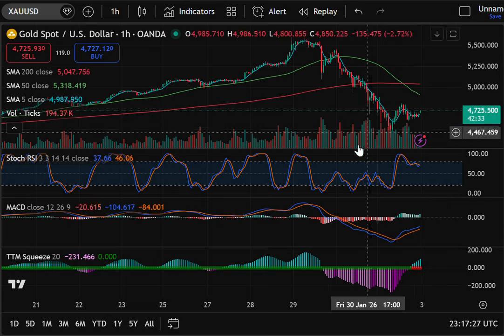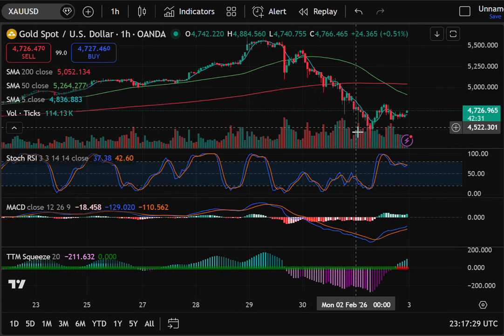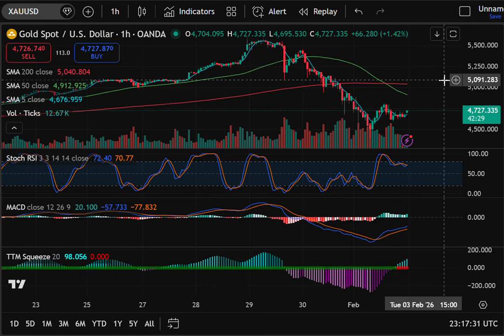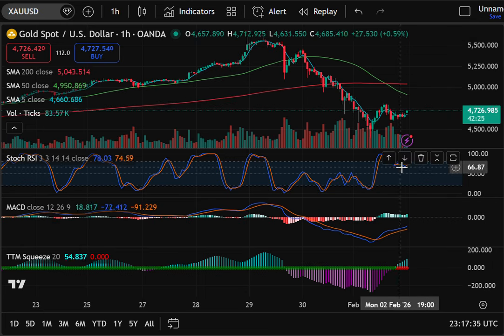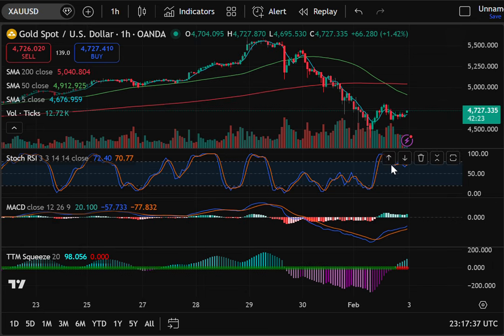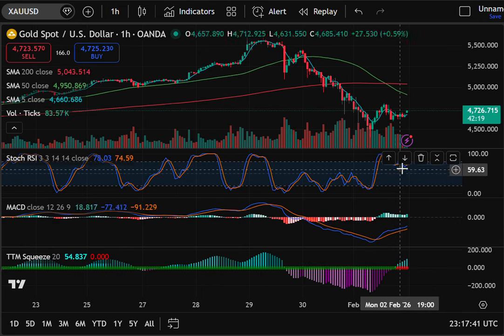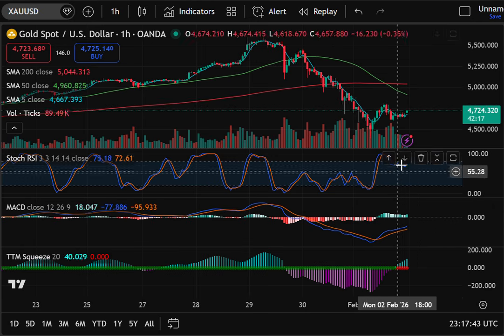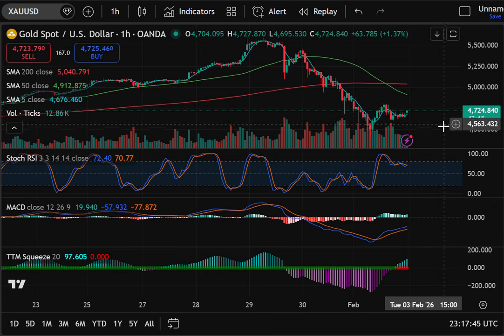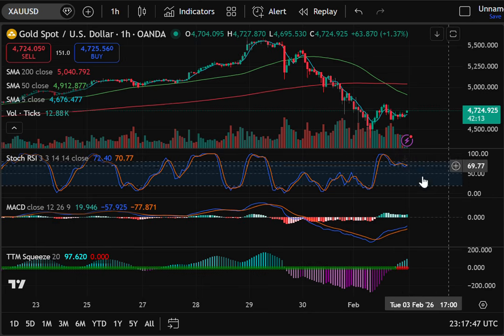Now, if we look at the stochastic RSI, we want to make sure that we're analyzing it correctly. The stochastic RSI is the blue line, and the orange line we call the signal. When the blue line is overtaking the orange line and moving upwards, it's moving towards the overbought zone.